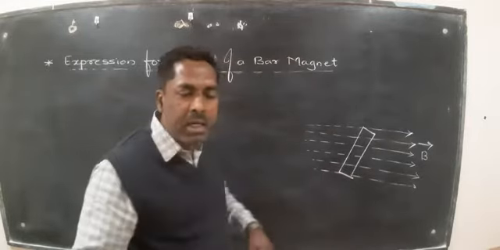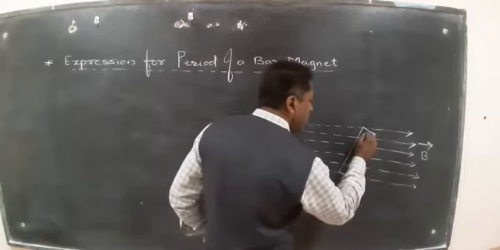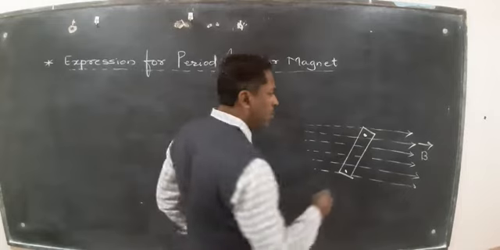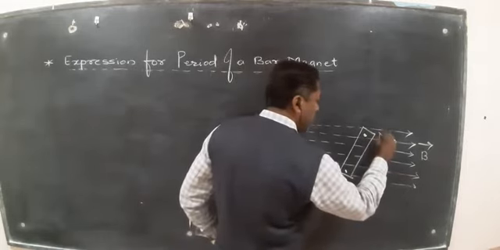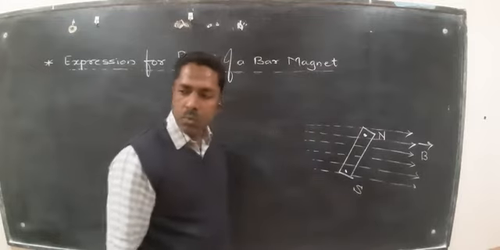A bar magnet is kept having two ends, or having two poles, north pole and south pole.